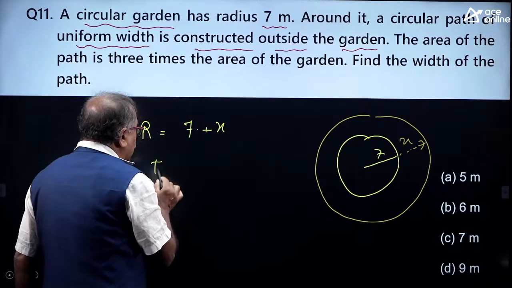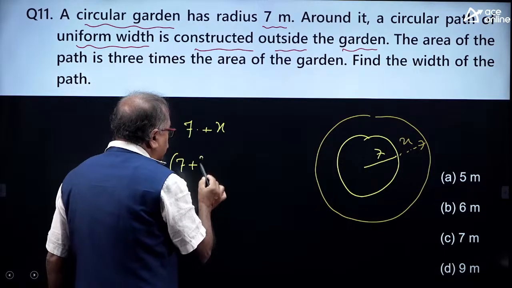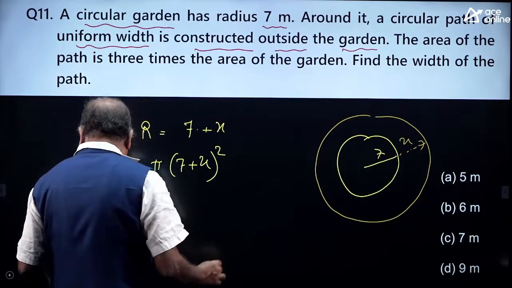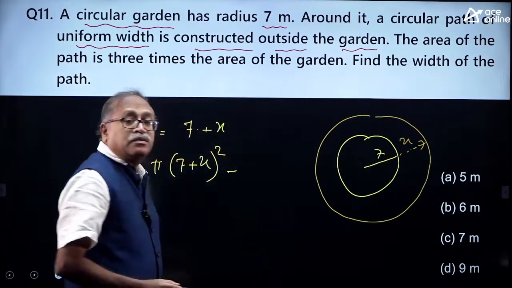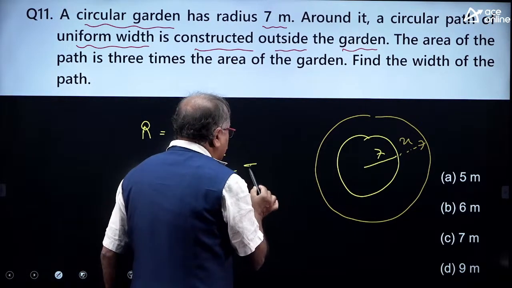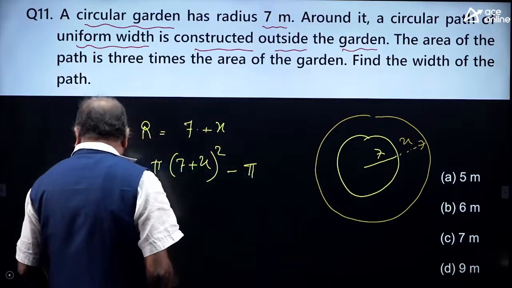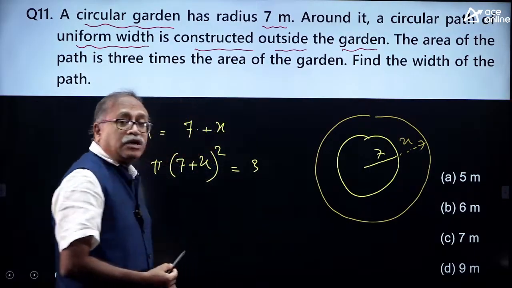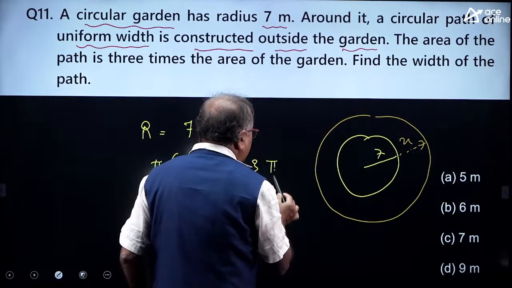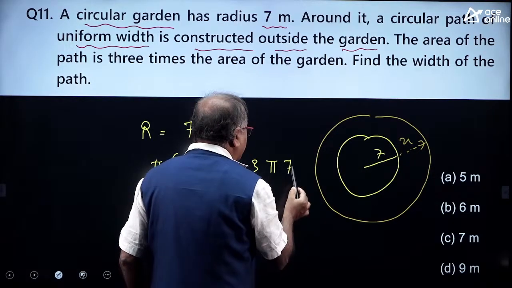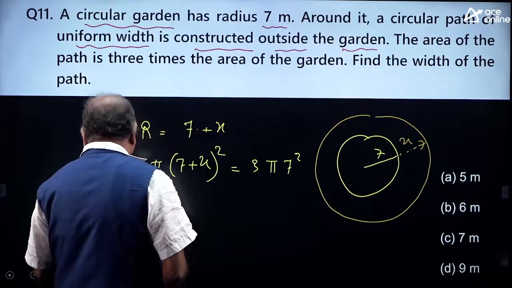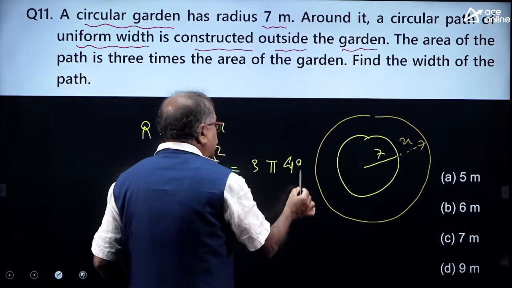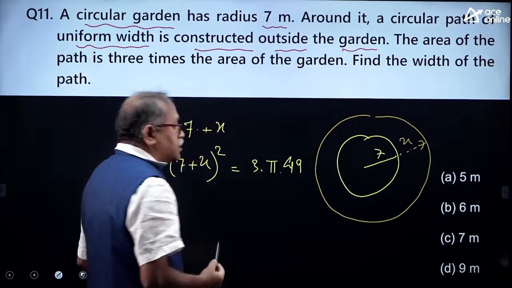So, it is given as pi into (7 plus x) whole square, pi R square, minus the area of this one, pi r square, is 3 times. So, can I make that equation over here, which is equal to 3 times pi r square, and r is 7 over here, 7 square. Instead of writing 7 square, I will replace this with 49.